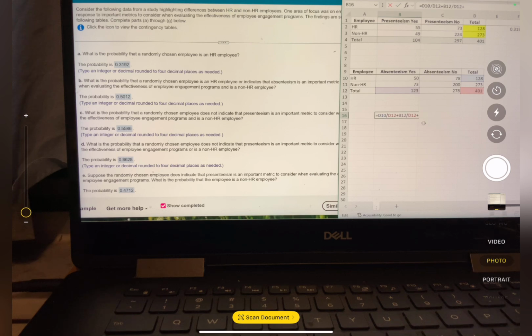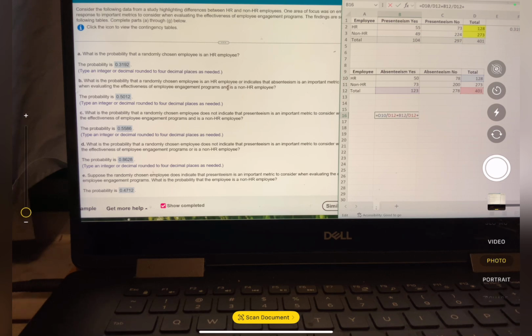Now, because in the 123 that we punched, which is B12, excuse me, B12, it's including this 73 also, right? That's non-HR and absentees.